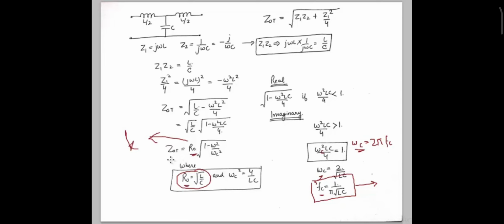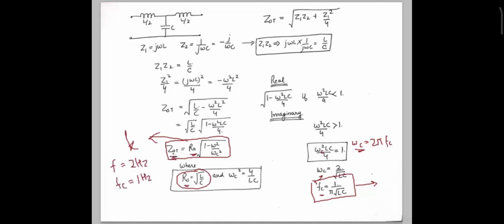this formula again becomes very, very important if you've been given the frequency of operation for certain frequency. Let us say you have a frequency 2 hertz and your cutoff frequency is let us say 1 hertz.